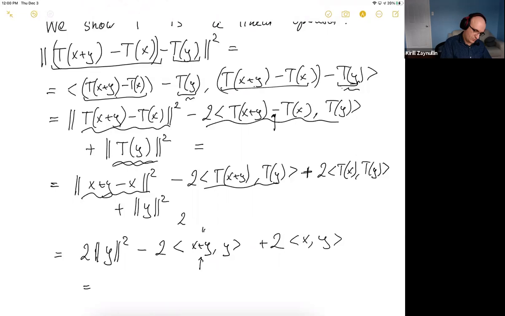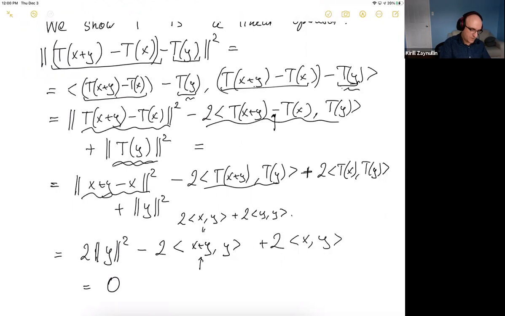This is just 2 of x comma y, and then look, here I have plus 2 of y comma y. And then after I substitute, what do I get? Basically I'll just get 0. All of them will cancel.